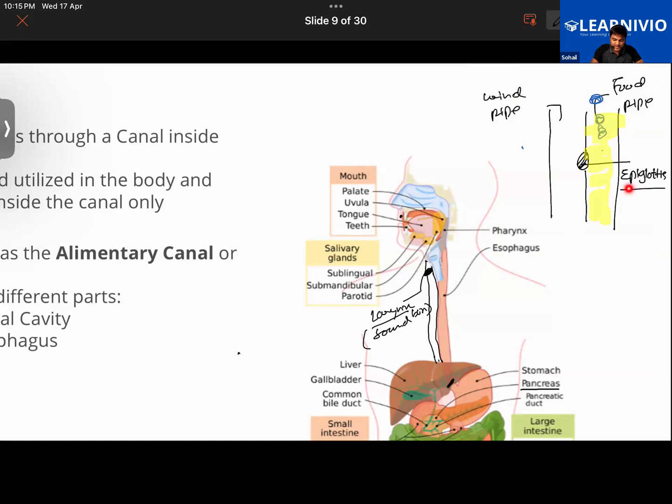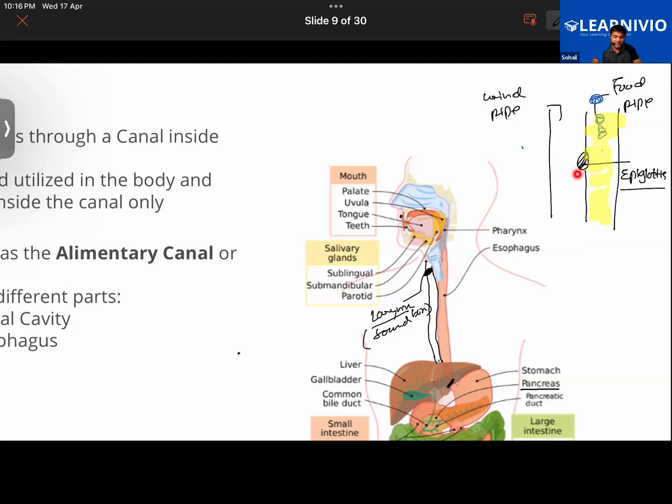Let me spell it. But sometimes, if you keep on talking and laughing so much while eating, the epiglottis will open, and food, instead of going down through the food pipe, will enter the windpipe. That's a very problematic situation.